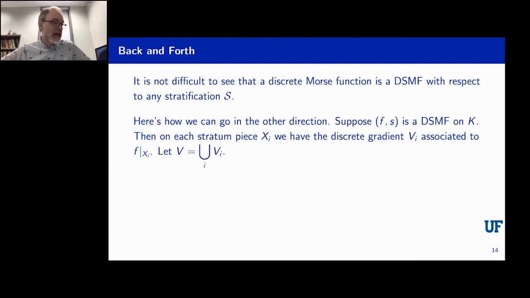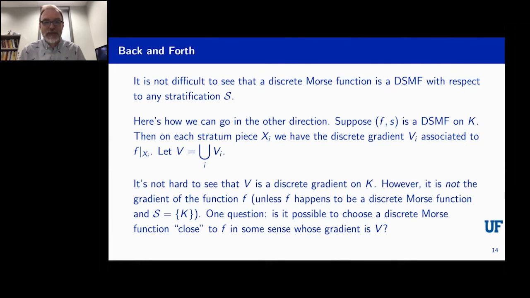So suppose I have a discrete stratified Morse function with respect to some stratification S. On each stratum piece, xi, I look at the discrete gradient. So again, we've got these pairings of simplices. I'm not going to worry about the function. Got the discrete gradient on each piece. And I just take the union of those. That turns out to be a discrete gradient on the entire space.